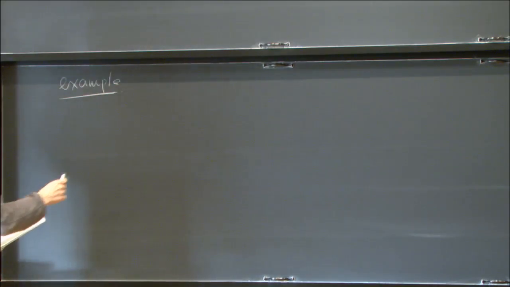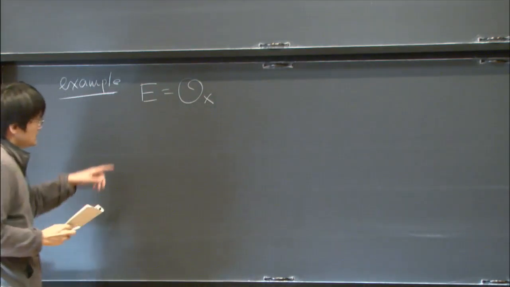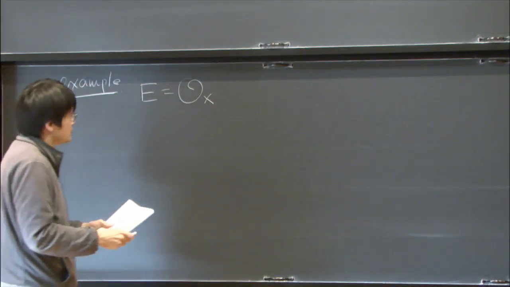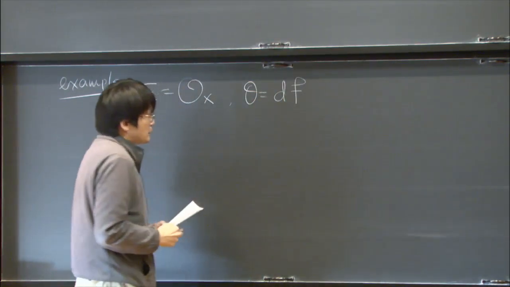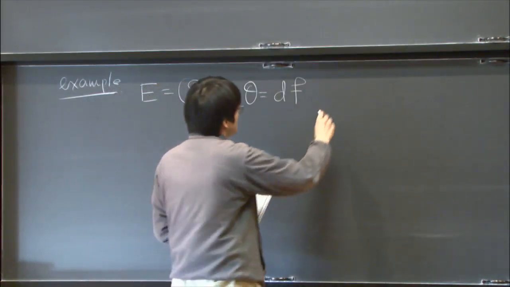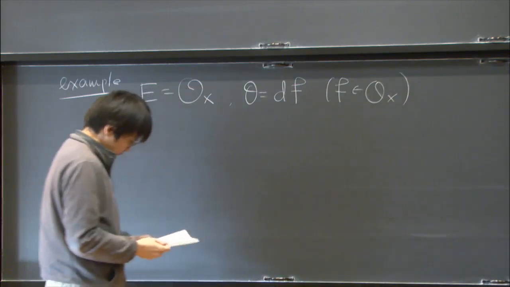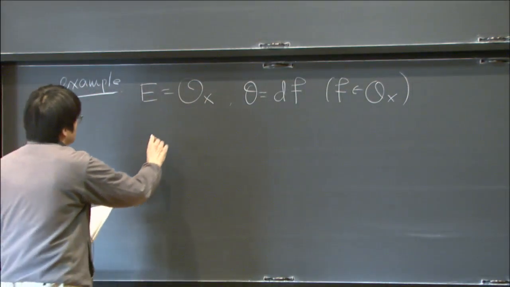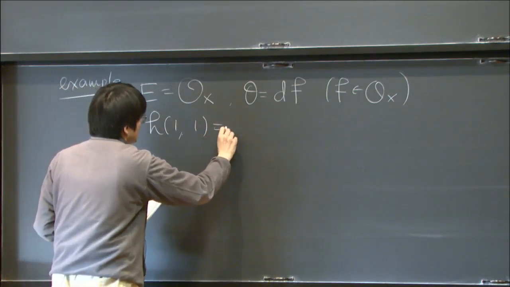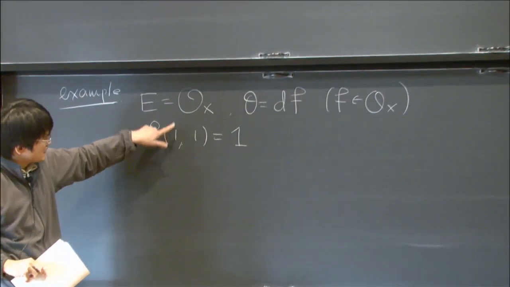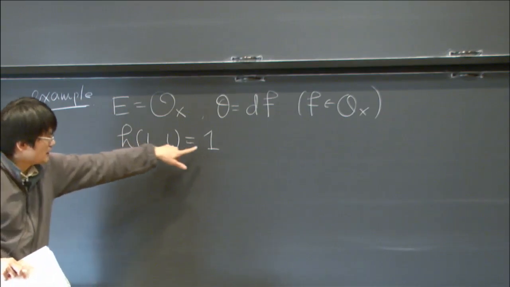For instance, if E is just the structure sheaf and theta equals the derivative of some holomorphic function, and the metric is given by the easiest one, I mean, 1 is the section of this sheaf, and the norm of 1 with respect to the metric is 1.